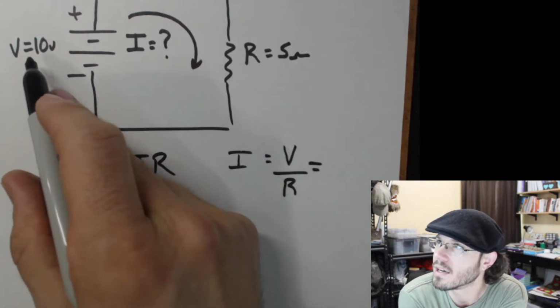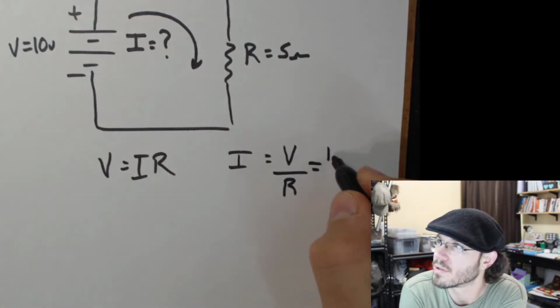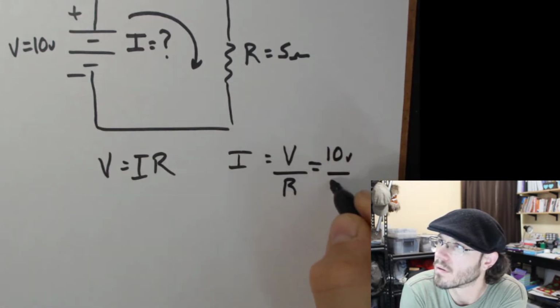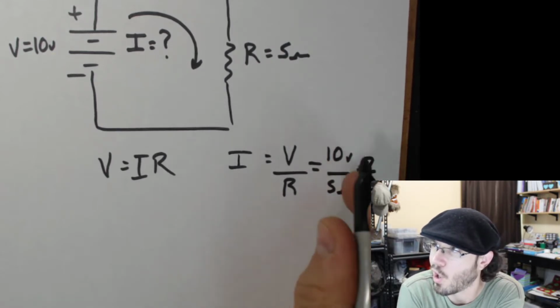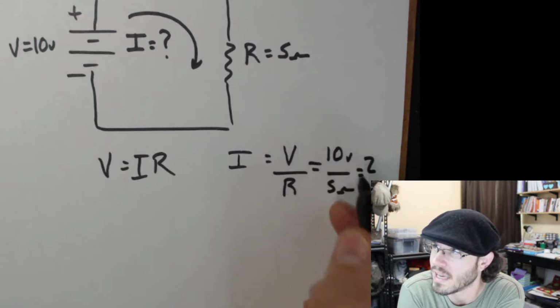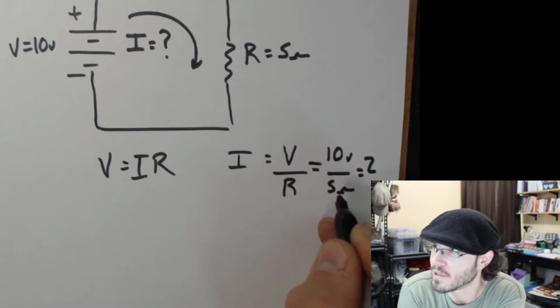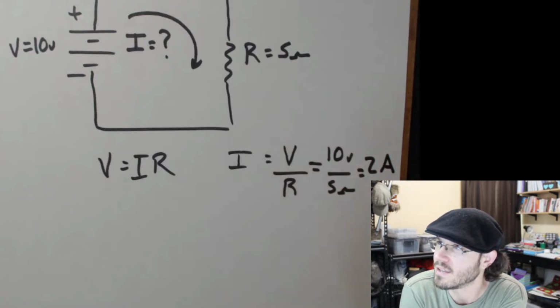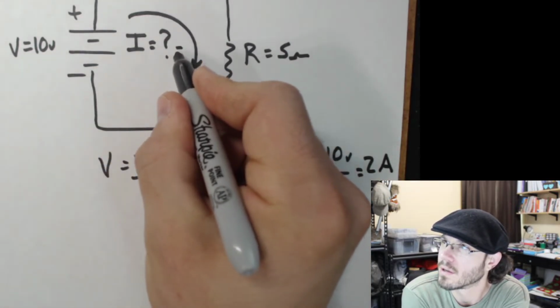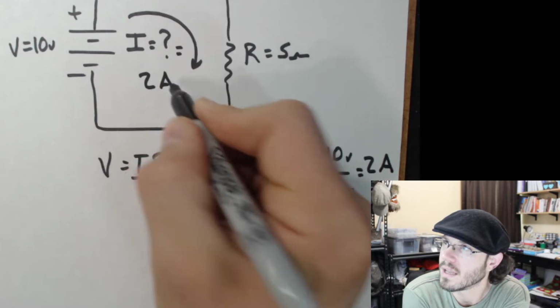V divided by R, 10 volts divided by 5 ohms, equals 2, what? Notice I'm putting all my units. Volts is always in V, ohms is always in ohms, and I is always in amps. So my answer is 2 amps.